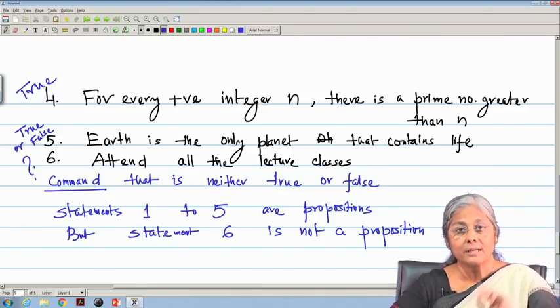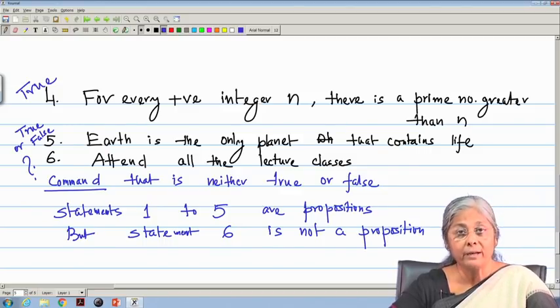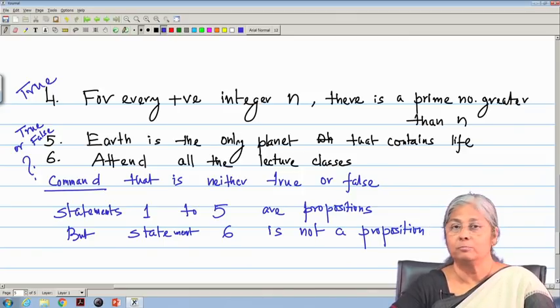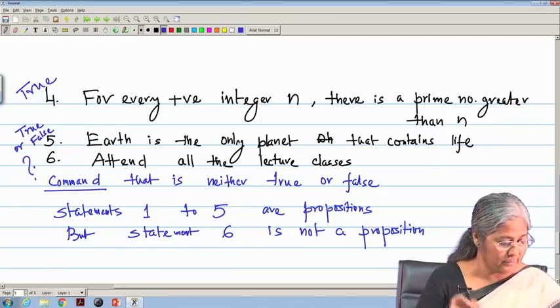So, a declarative statement which is either true or false, but not both at a time, is a proposition. But a command or advice, this type of sentence, cannot be a proposition. So, we define proposition with these examples.